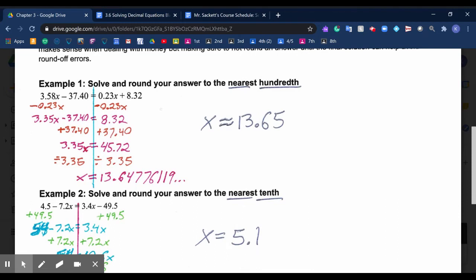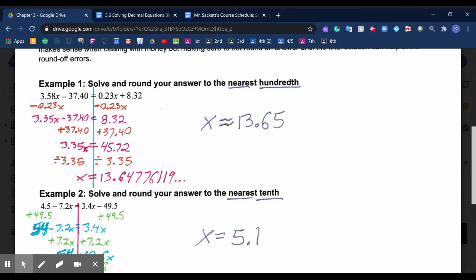Example 1 says to solve the equation and round your answer to the nearest hundredth. So again, the process with decimals is no different than if we're dealing with whole numbers or fractions for solving for a variable. So in this case, we have a variable on both sides, so we want to isolate the variable and get it to one side.